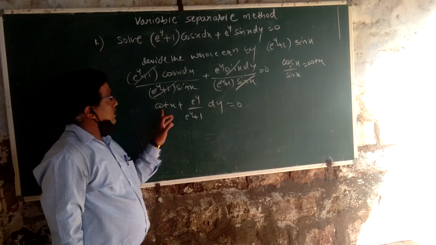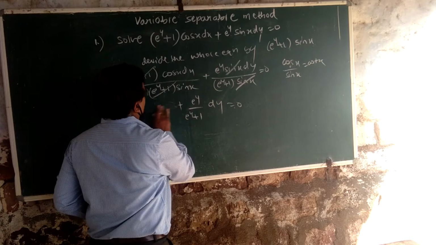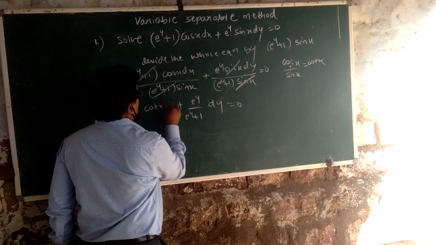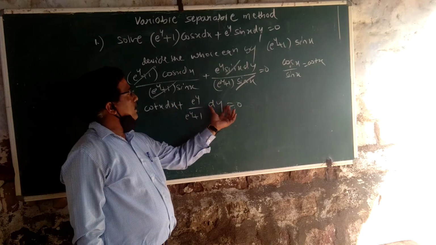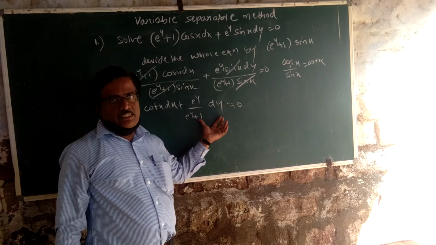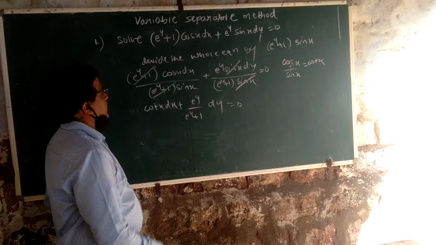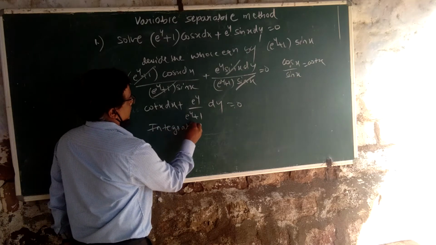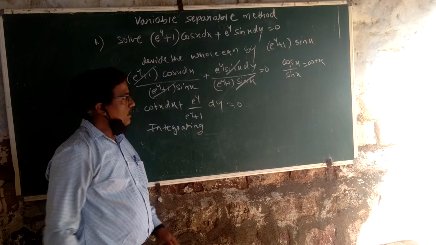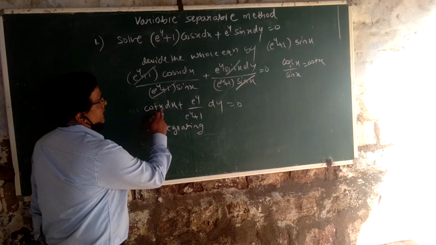Now see here, all cot x terms and dx we have collected on one side, and all y terms and dy terms on the other side. So now integrating the whole equation. What is the integration of cot x?